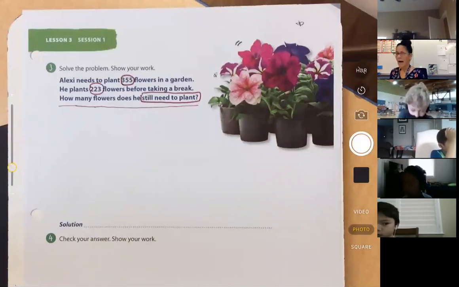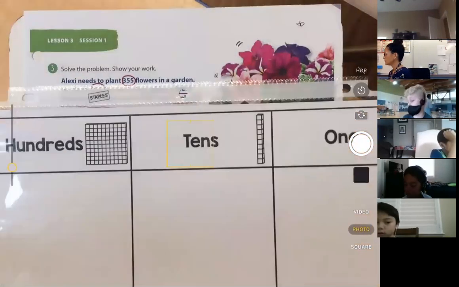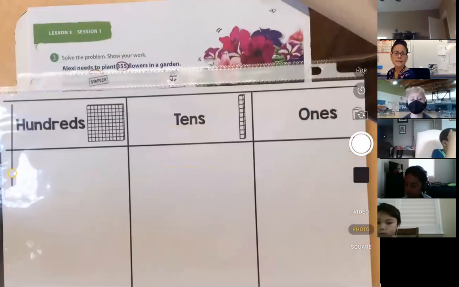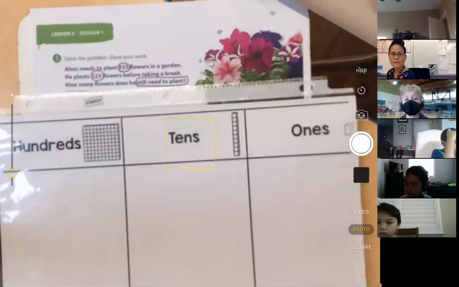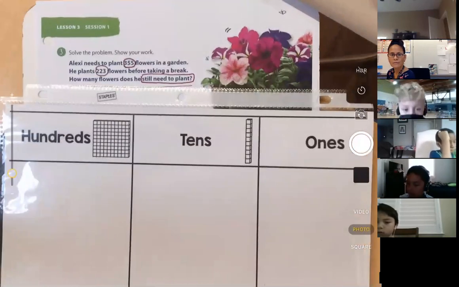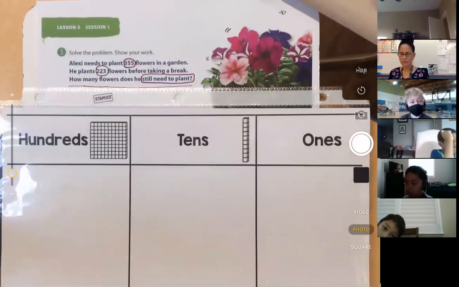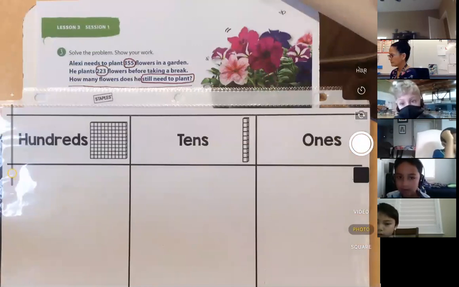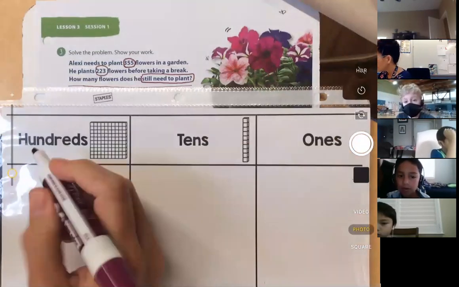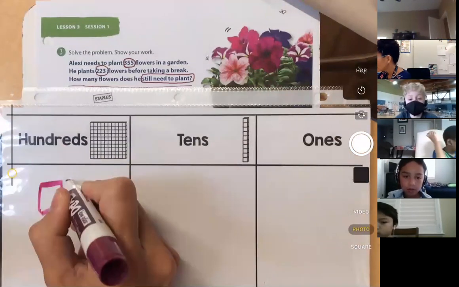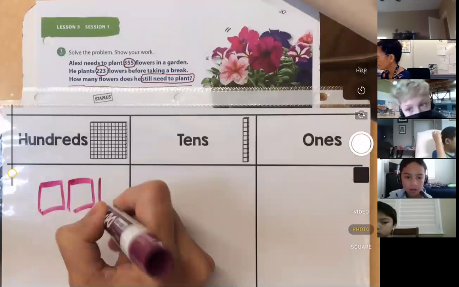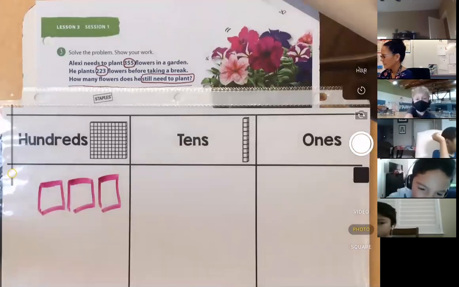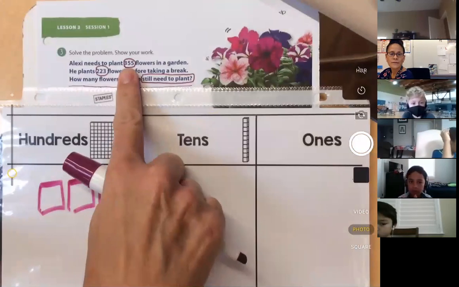So I like doing these on charts because for me, it just makes sense to my brain. So if I'm going to use a chart, I am going to model with base 10 the larger number. Right? So here, I'm going to have 300s. That's the 300s in 355.